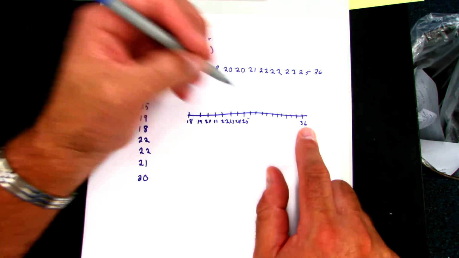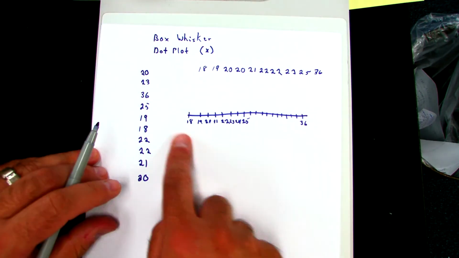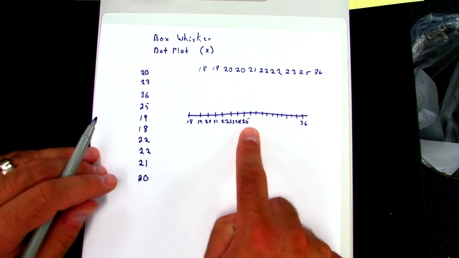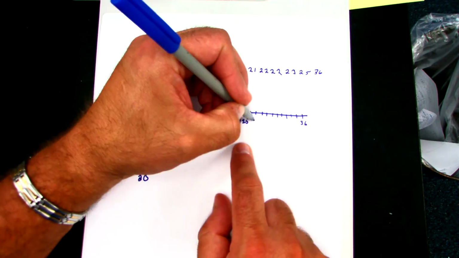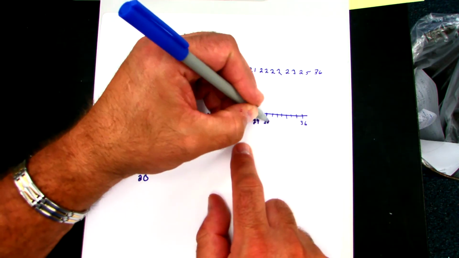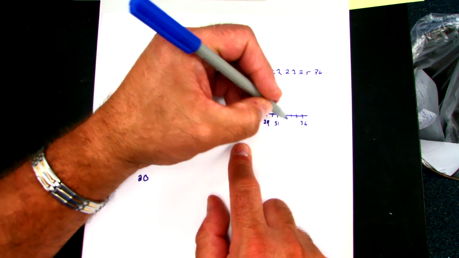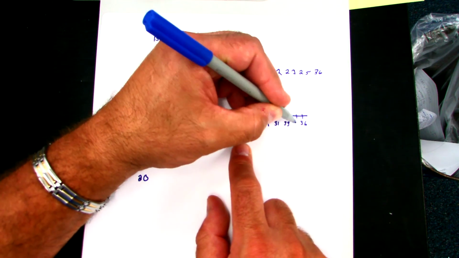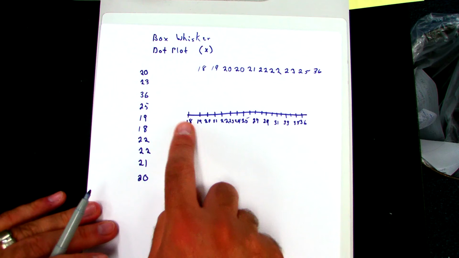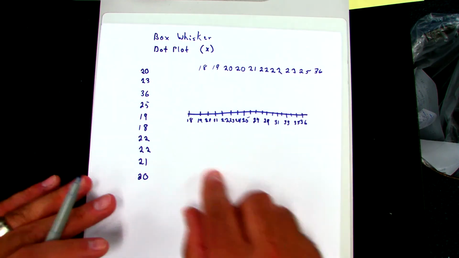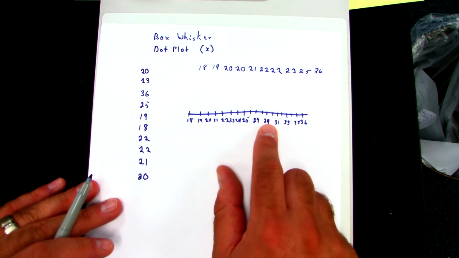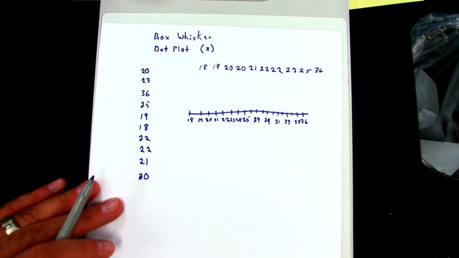Now, I'm not going to write every number. And what happens if I can't write every number? Because I'm running out of space. I can go every other one if I want. And I just have to remember that the spots in between are still being counted. So even though it says 27 to 29, the number in between is 28.